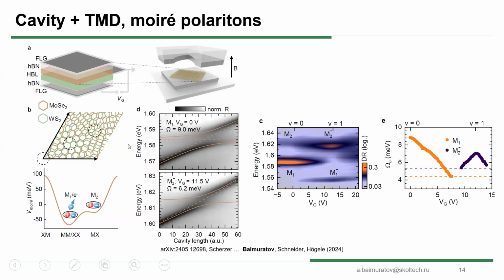What is important is that we also know that this high symmetry M1 will also be the minimum for localization of the electrons. Let's say the electron will have approximately the same profile for potential, and this is why the electrons that you inject into the system will be localized at M1s.